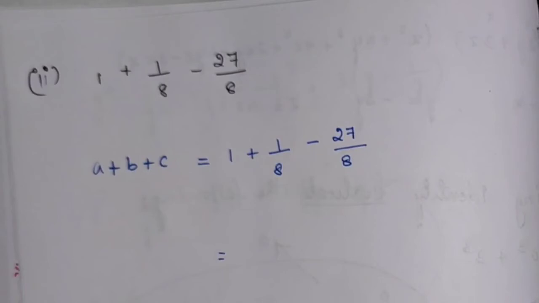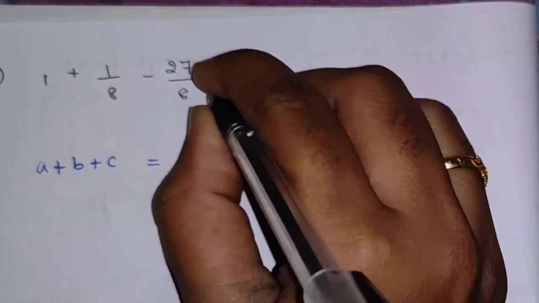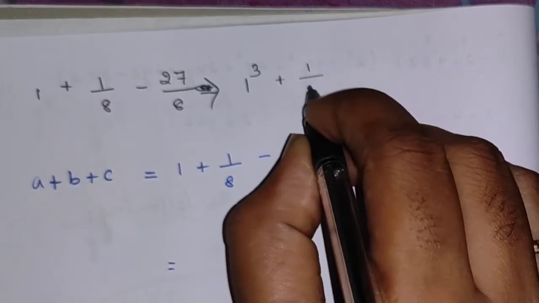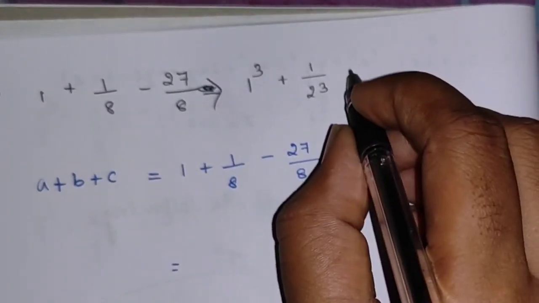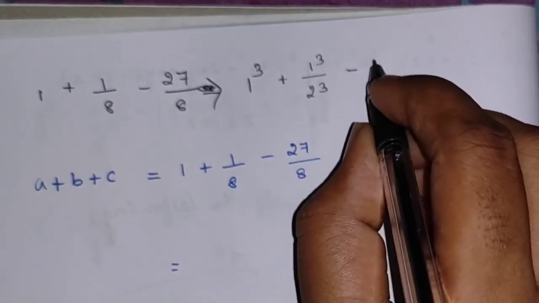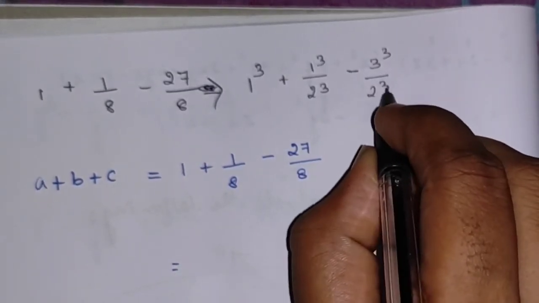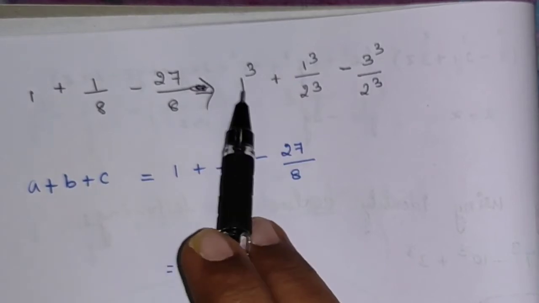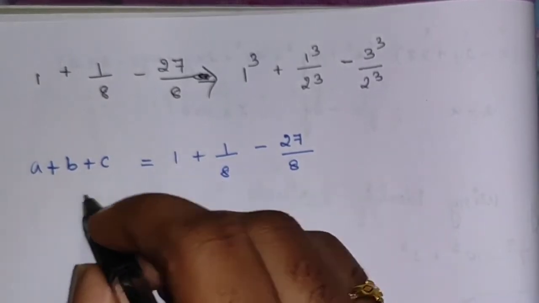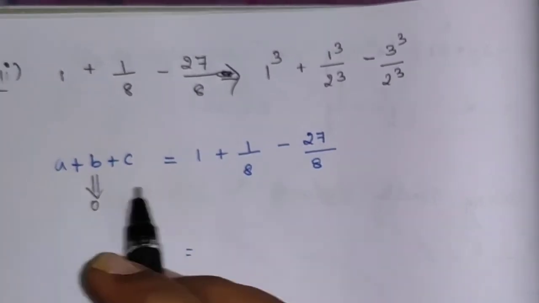Right? So this can be written as 1 cube plus 1 by 2 cube minus 3 cube by 2 cube, where we are going to make this as 0 like we did in the previous problem.